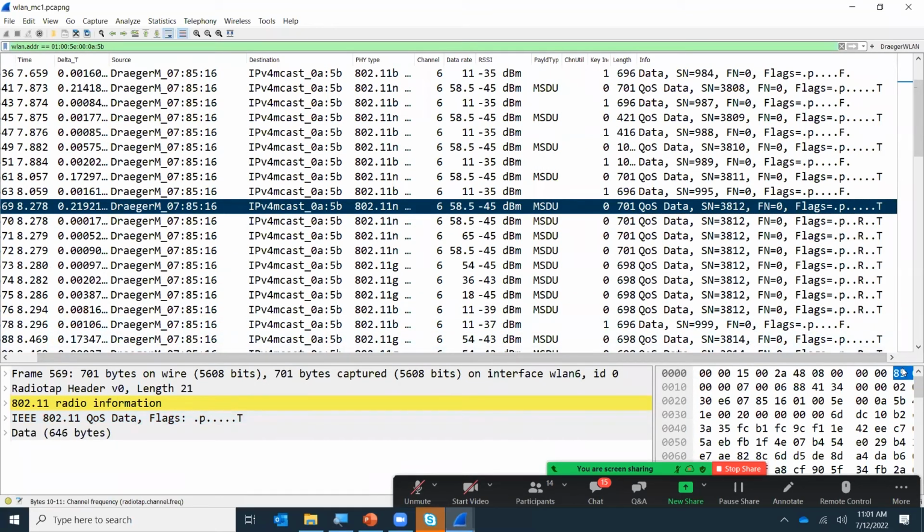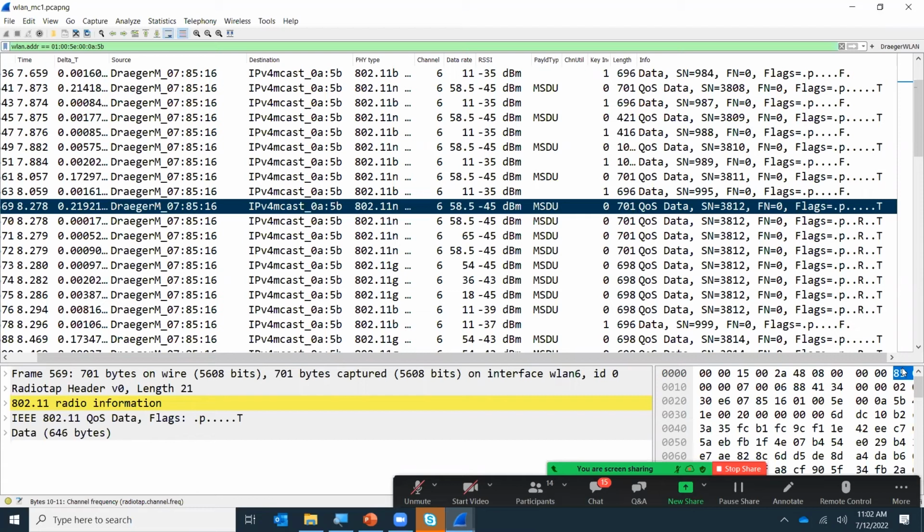So 2, sequence number 3812. And then what do we see? You know what the R means? Retry. So 1, 2, 3, 4, 5, 6, 7, 8. He sent it 8 times. No ACK. So that's why the traffic graph goes up with loss. There's definite loss here.